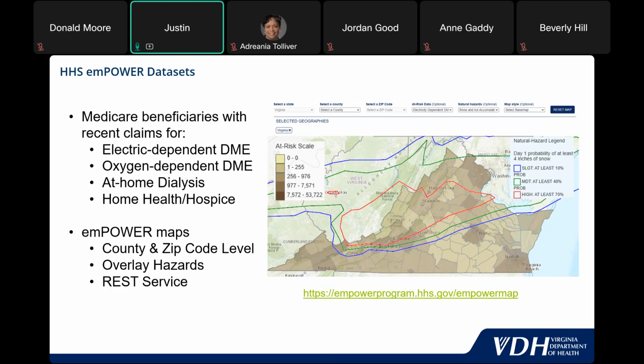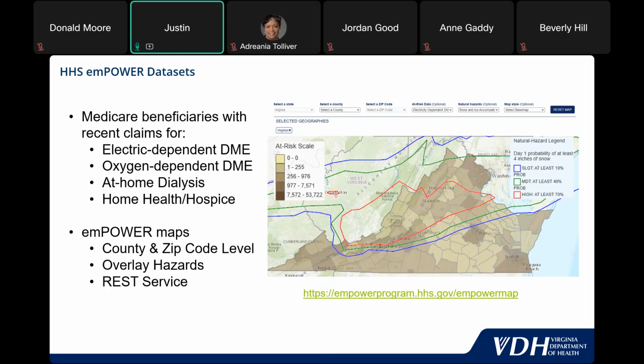That can help you understand where your risk might be for power outages and folks who would need outreach for medical equipment. For those of you who might be more technically savvy, they also have a REST service, which allows you to download GIS shape files and create your own maps using those, or to create your own maps in Esri's ArcGIS Living Atlas as well.